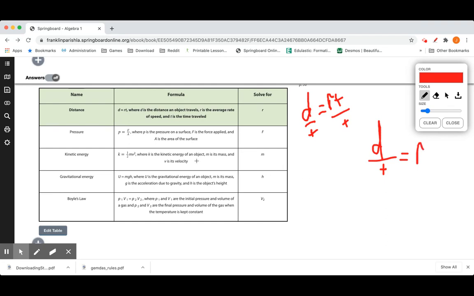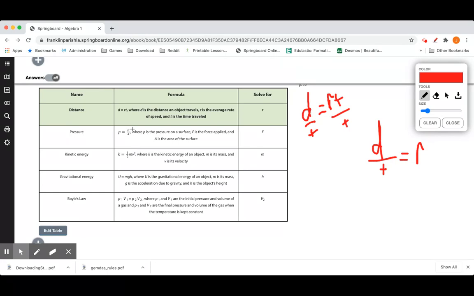The next one, pressure, where pressure on a surface is equal to the force applied divided by the area of the surface. This is why if you spread the force over more area, it's less pressure that you'll feel. And we're solving for force, so we need to get rid of dividing by A to get the F by itself.